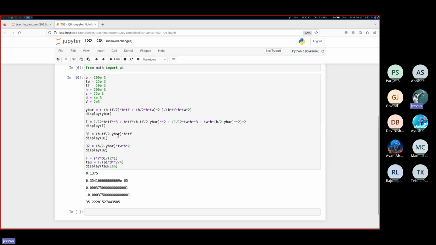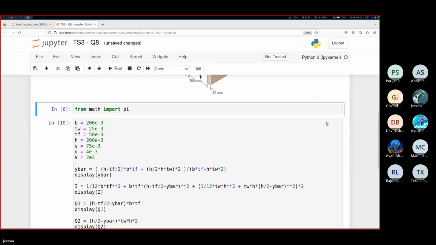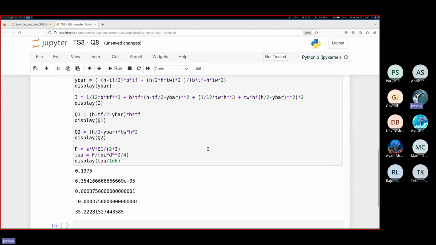For the Q1, you notice what I have done. For the Q1, I have taken the horizontal board. Okay, can you see this actually?